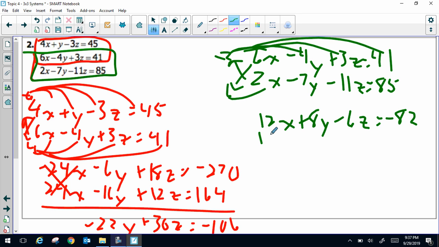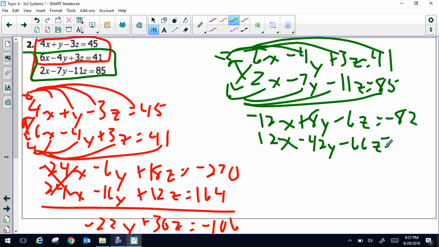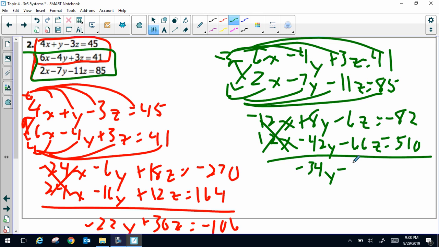Then you get positive 12x minus 42y minus 66z equals 510. So when you add them together, you get -34y minus 72z equals 428.